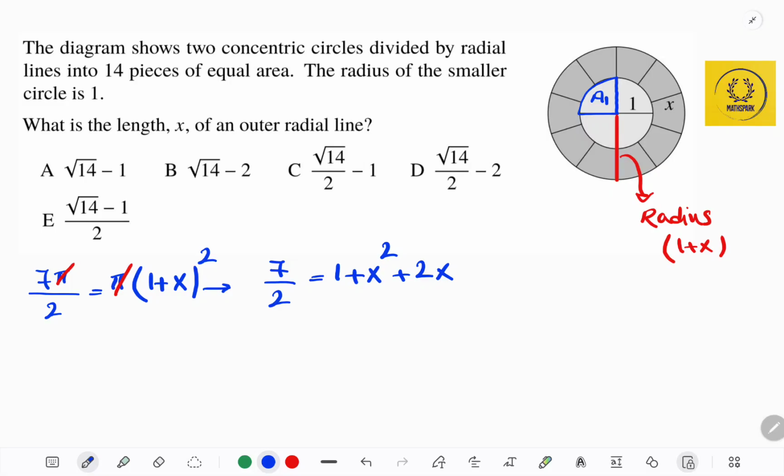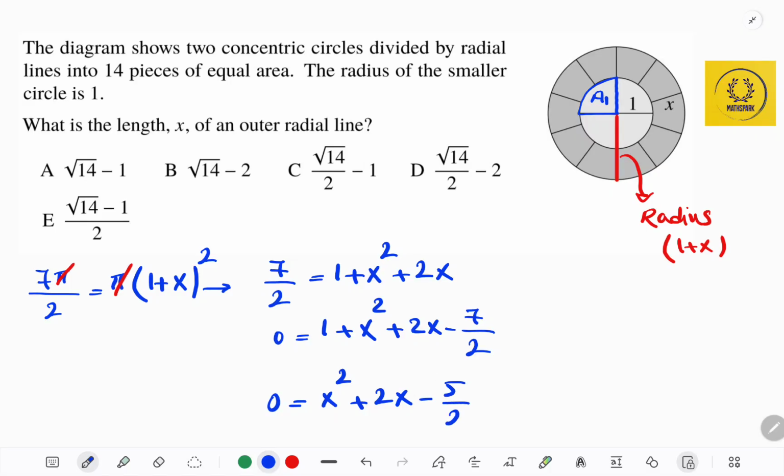And then I'm going to take 7 over 2 to the right side of the equation. So 1 plus x squared plus 2x minus 7 halves. And then collect these two like terms. So we have x squared plus 2x minus 5 over 2. So I'm going to solve for x in this equation.